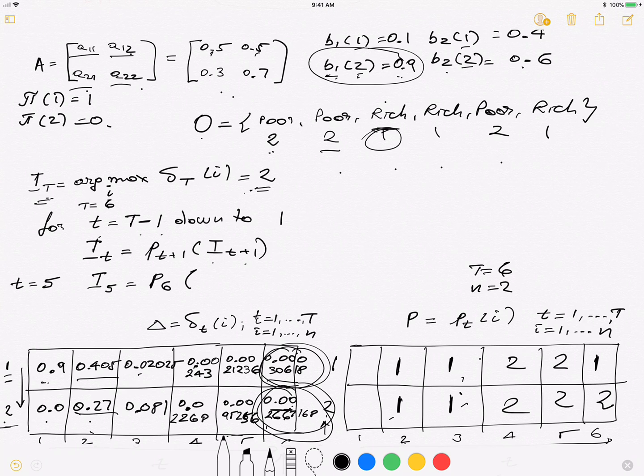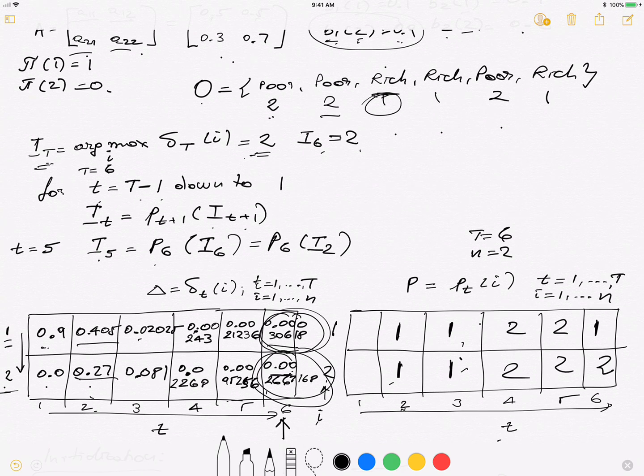I6 is 2, so I5 is P6 of I6, right? And I6 is 2, so it's P6 of 2. P6 of 2 is 2. So the fifth state, most likely fifth state, was also 2.